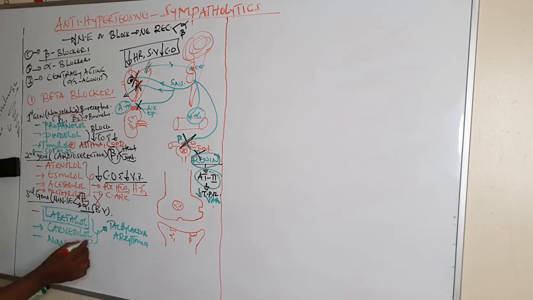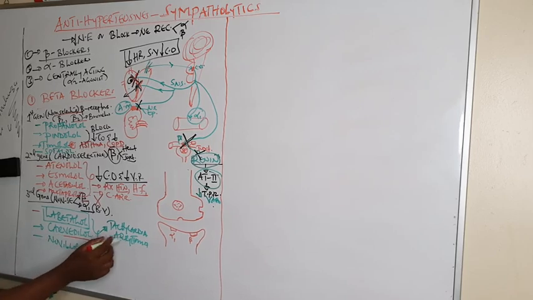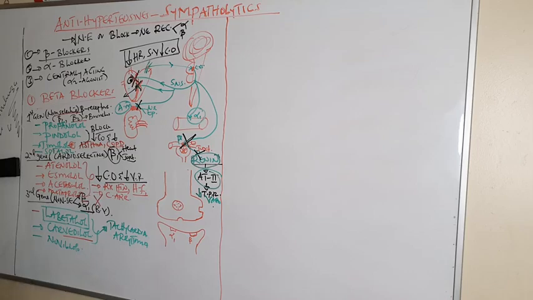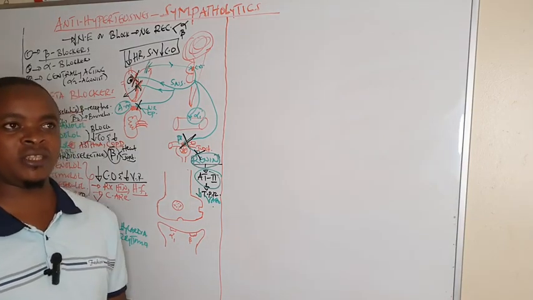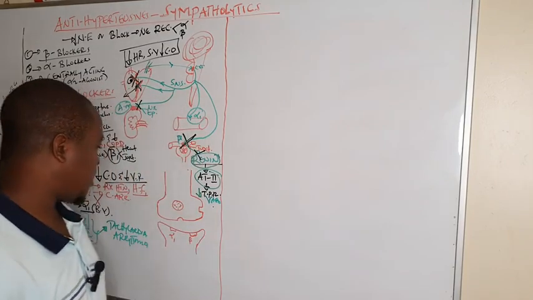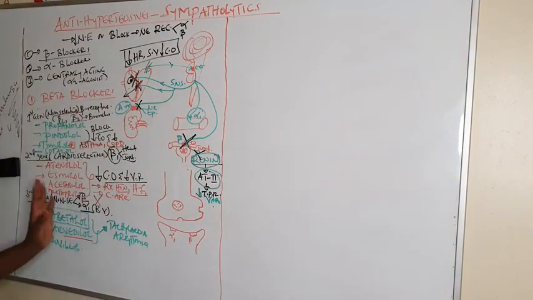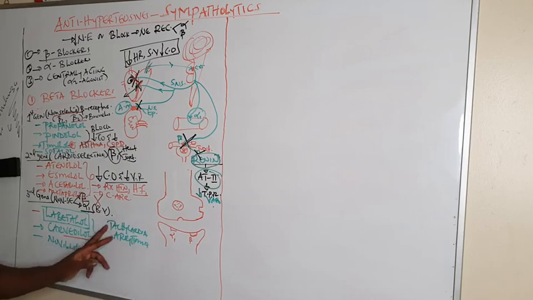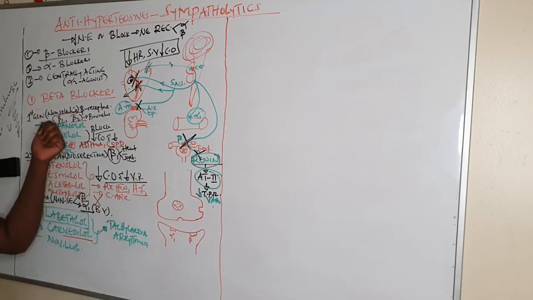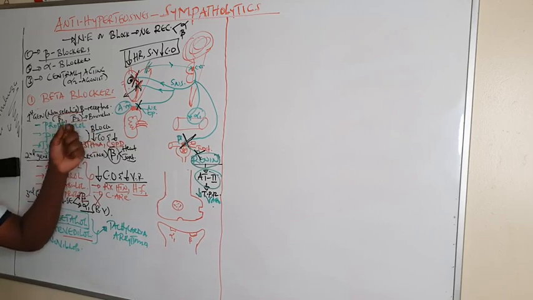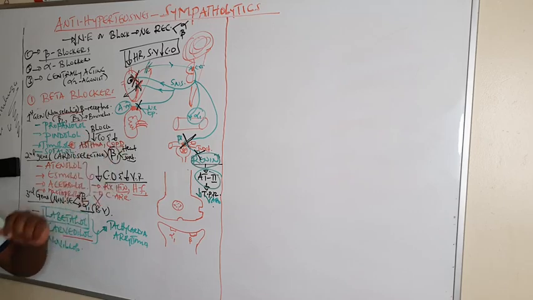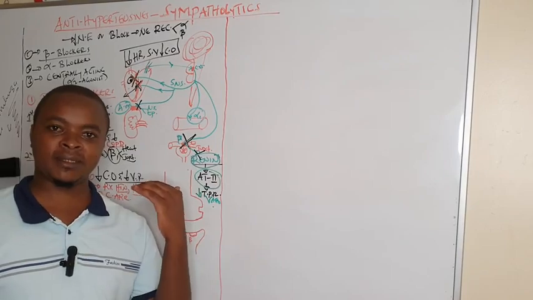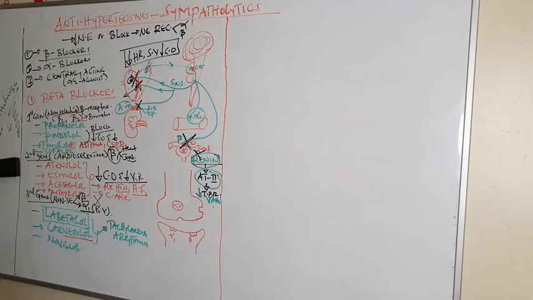This one we have seen also their indications in treatment of chronic hypertension, especially hypertensive emergency, that is labetalol. Though it is not selective, there is a problem of causing tachycardia. Then the non-selective beta blockers can induce asthma and COPD, so they are contraindicated in patients with asthma and COPD. That is what we can discuss under beta blockers.